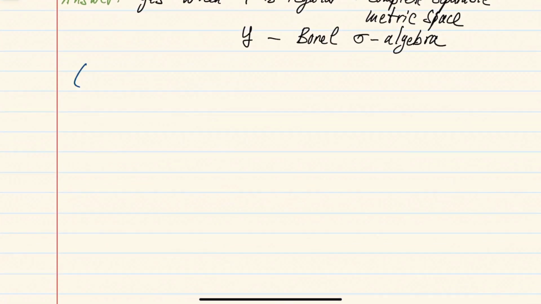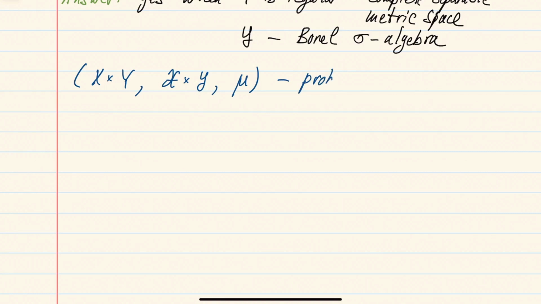Again, let me say that we are looking at this product space with the product sigma algebra and some probability measure mu on it. So we have some probability space of this form. And then, to avoid some confusion, let me define the coordinates on this space as functions of the point (x, y).